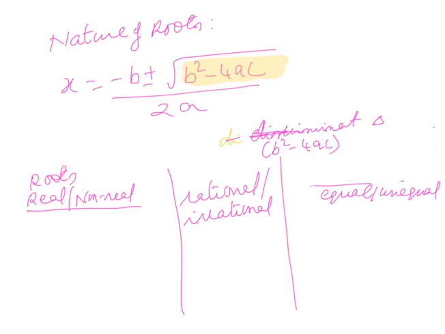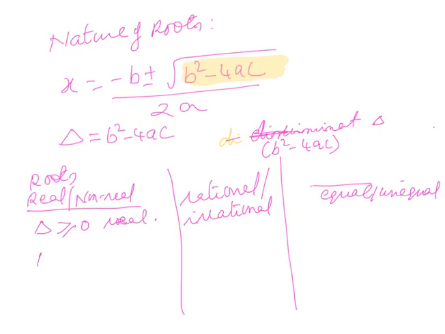This second and third classification are only applicable if the roots are real. So I am looking at the discriminant, which I write as delta or D. Delta is nothing but b squared minus 4ac, which is inside the square root of the quadratic formula. So when delta is greater than or equal to 0, roots are real.